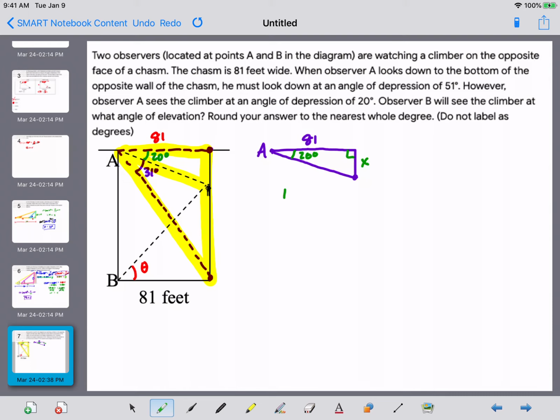So I'm going to say tangent of 20 degrees equals x over 81. We know the drill: multiply both sides by 81, plug it in your calculator, 81 tangent 20, gives us 29.48. All right, so that's the distance here.